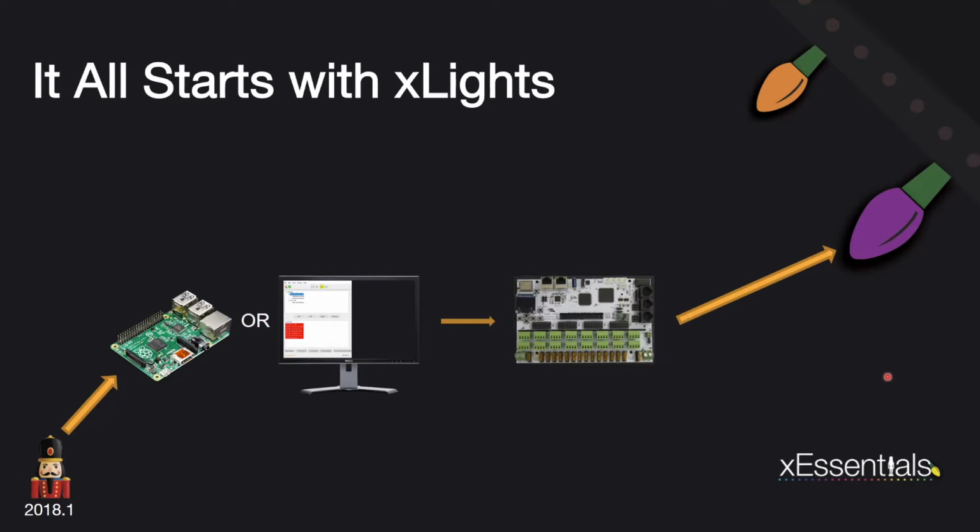And we have 2 flavors of players right now that xLights loves to work with. One is called Raspberry Pi, which is simply a computer that will store instructions. We call these instruction files FSEQ. I don't know what FSEQ stands for. I just know it sounds cool. That FSEQ is nothing more than instructions to tell your controller what to do with the lights.